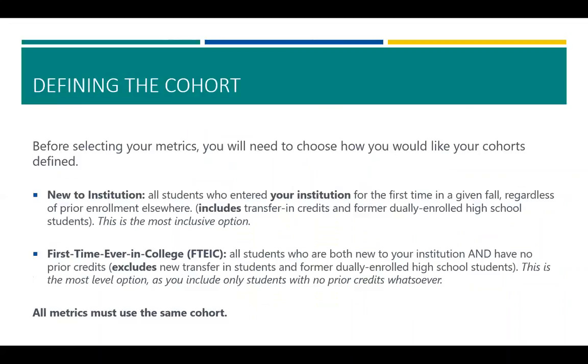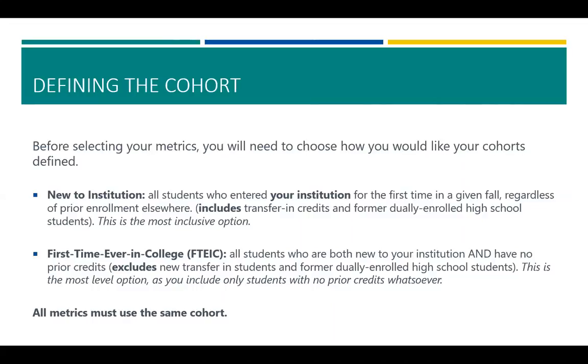Defining the cohort. Before you select your metrics, you need to determine the cohort of students that you're analyzing. You have a choice of either being new to the institution, which I call the most inclusive option. This consists of any students who entered your institution for the first time in a given fall.